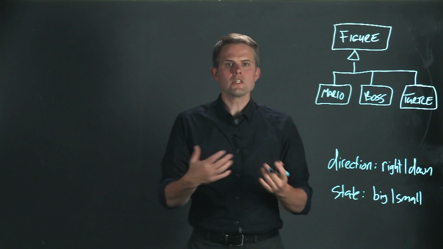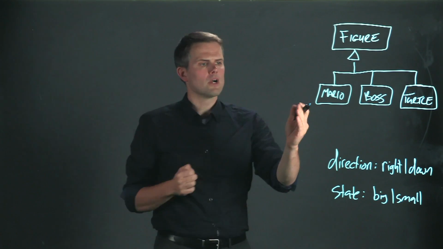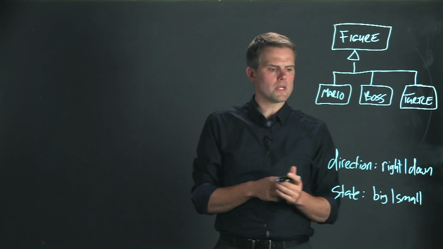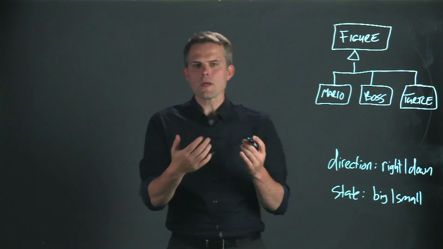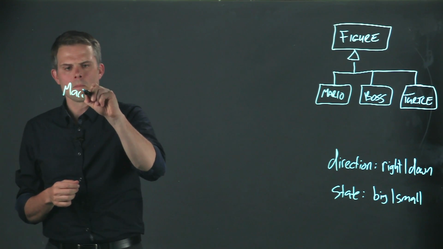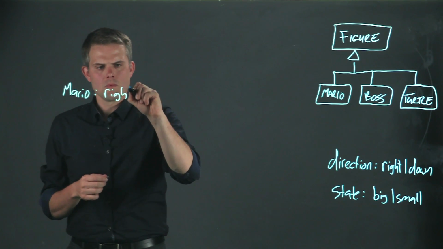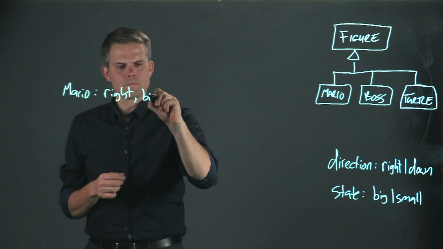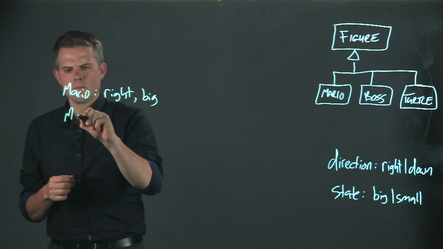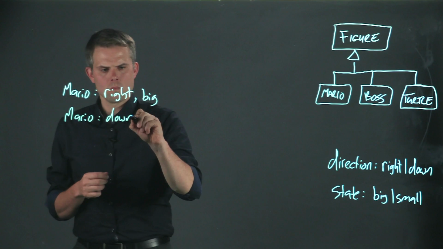So let's now turn this into a set of concrete test cases. If we focus first on Mario, we know that Mario has two properties that we care about, his direction and state. Really this gives us 4 Marios in practice. We have Mario, who is moving right and is big. Mario, who is moving down and is big.